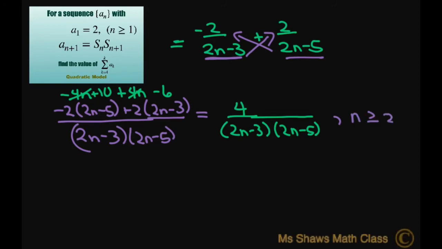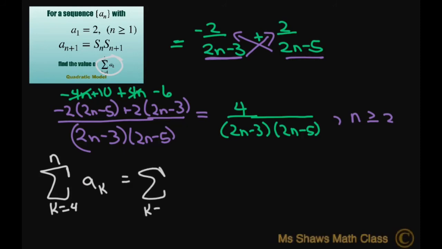So now let's go to our a sub k here. This is a long problem, right? So we have the sum from k equals 4 to n of a sub k. That's going to equal the sum from k equals 4 to n of 4 divided by 2k minus 3 times 2k minus 5.